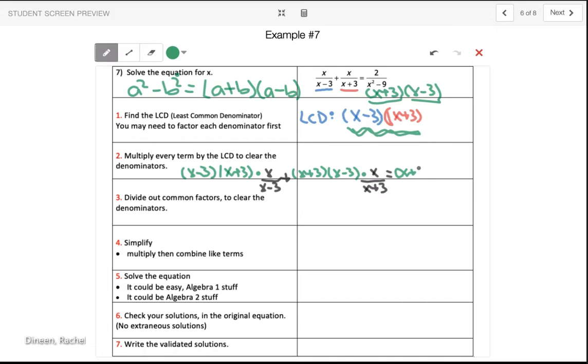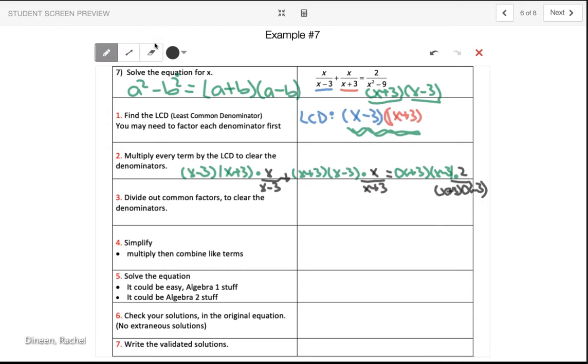X plus 3, x minus 3 times 2 over x plus 3, x minus 3. Oh my goodness, am I going to have enough room? Maybe. Okay, that's kind of ugly.